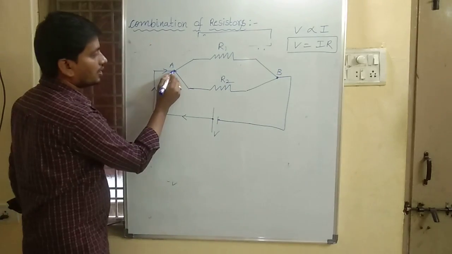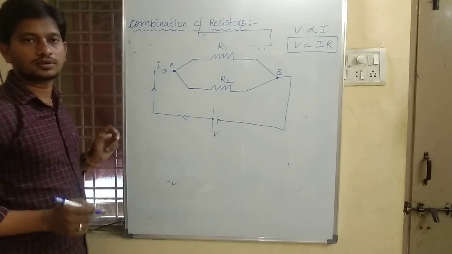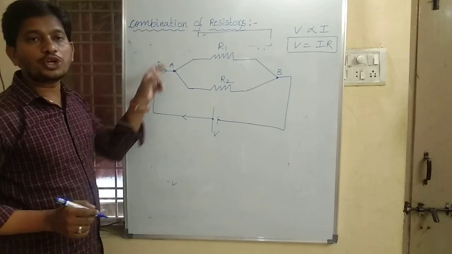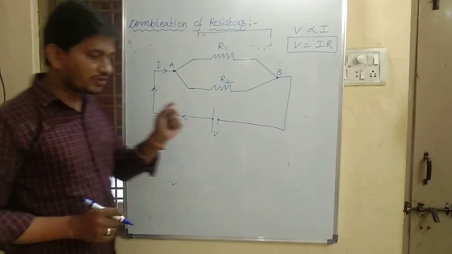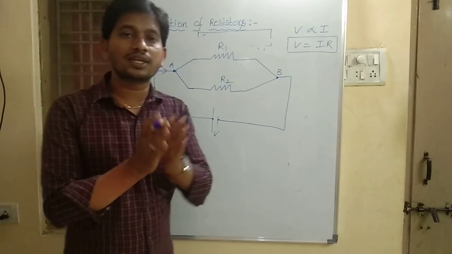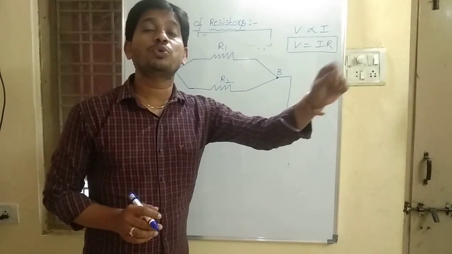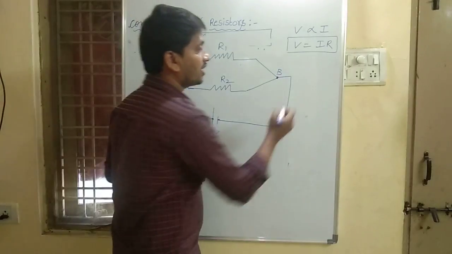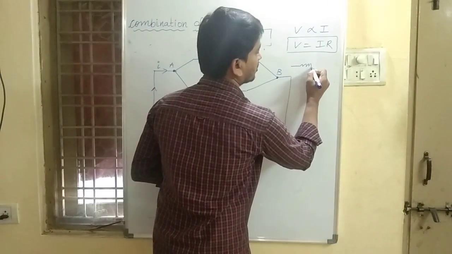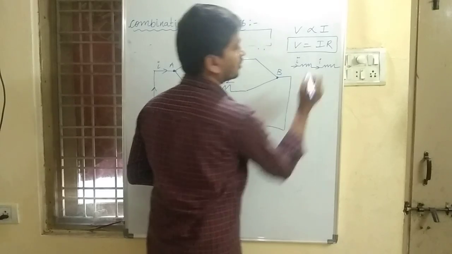At this point A, current I is going to be distributed. The difference between series connection and parallel connection: in series connection, current is the same because resistors are connected end to end, consequently. Same amount of current will flow.